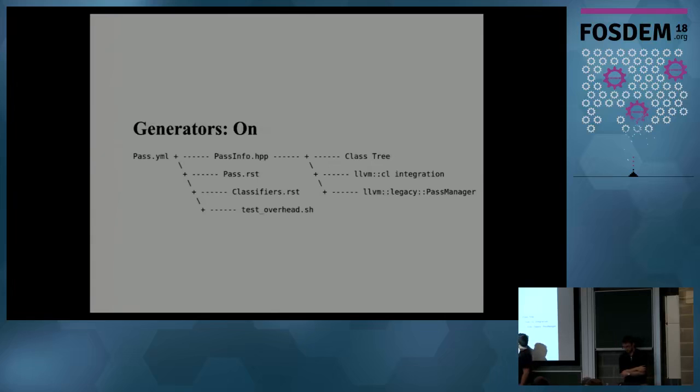We also generate part of these classifiers, which is a big table that summarizes everything. And we also generate parameters for our test suites, so that we can test that the documentation is actually correct. And from this, we generate wrappers to CL, to the pass manager code, and the actual class. So everything is generated from one file.